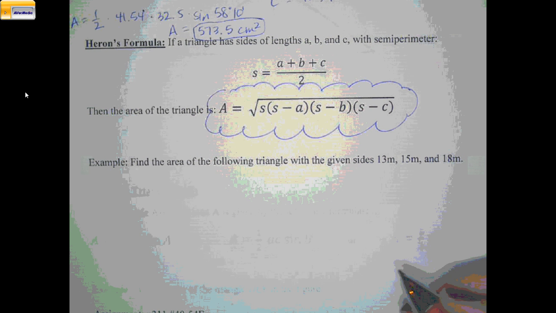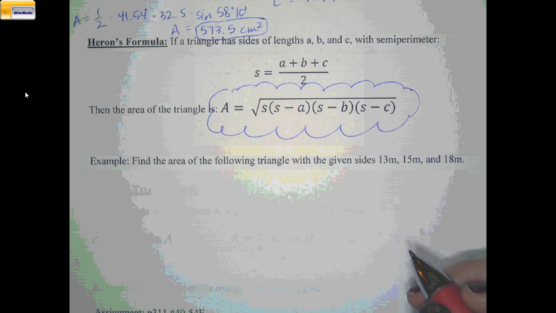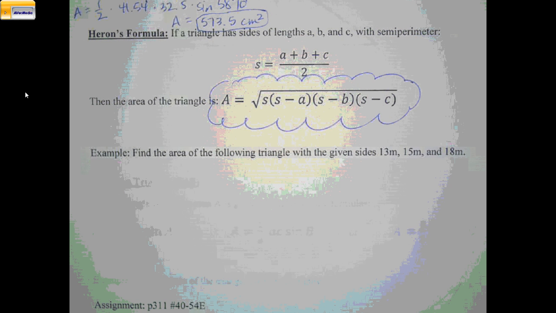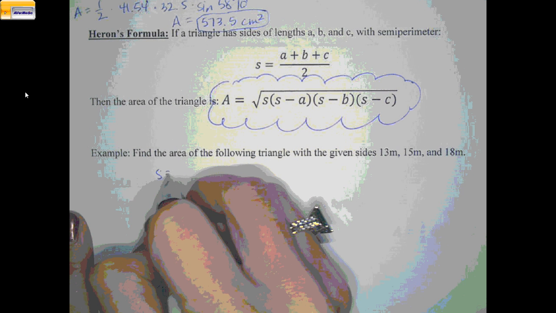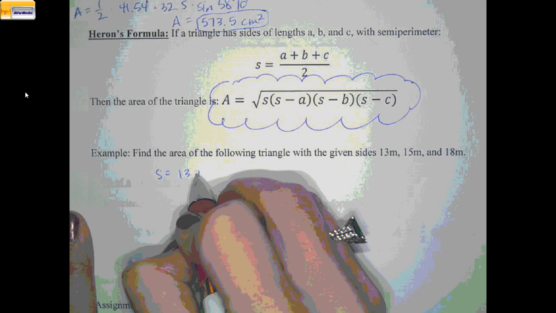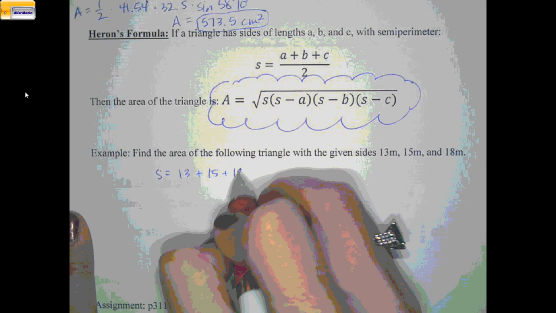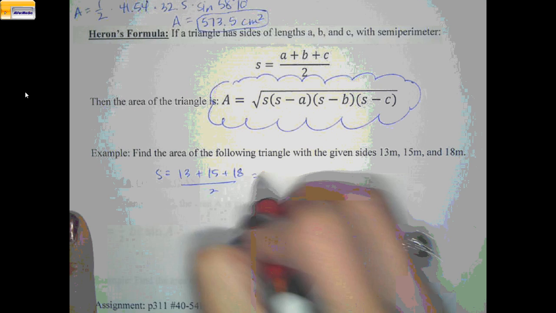Alrighty, here we go. Here's your example. Find the area of the following triangle given the sides 13, 15, and 18 meters. So basically, it's can you plug the stuff in? We need to find the semi-perimeter first. So we find the regular perimeter, which is 13 plus 15 plus 18, and we divide it by 2.